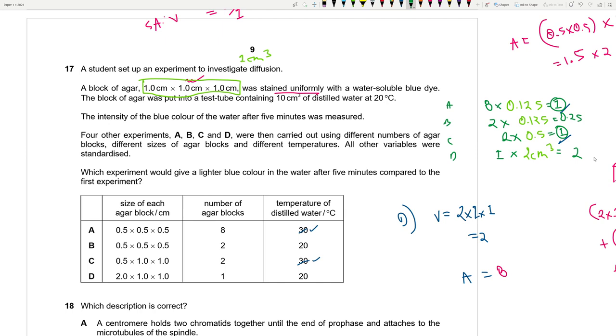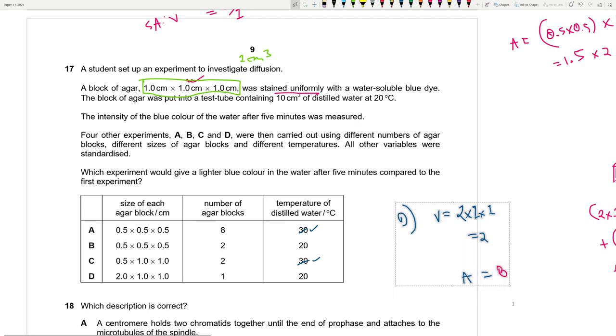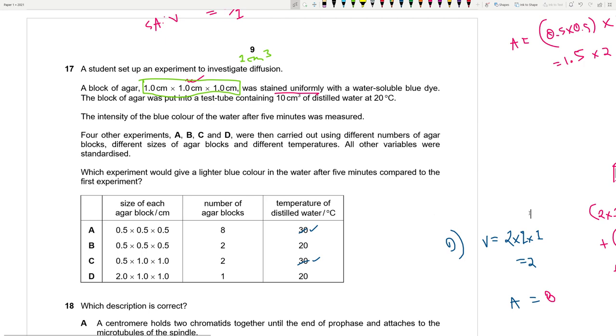That's actually, wait, let me do the math again. Wait up. Yeah, we don't need to think about the surface area to volume ratio here. We didn't need to do that.